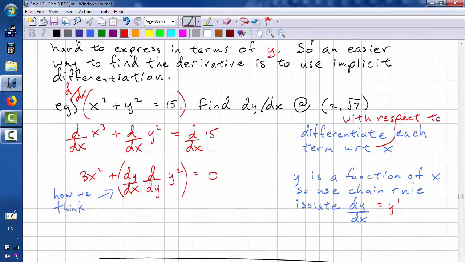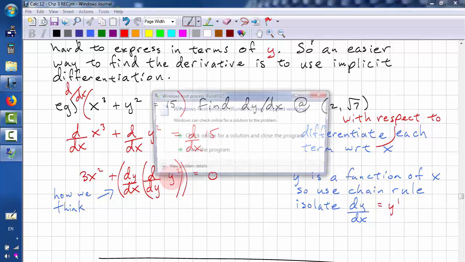Again, we're not actually canceling, but if we look at the dy's, if we think of it as canceling, then we're left with d dx. So nothing's changed. So now we have dy dx, which is y prime, and we have d dy. If we're doing d dy on y squared, it's only one variable, and we're taking the derivative with respect to that.